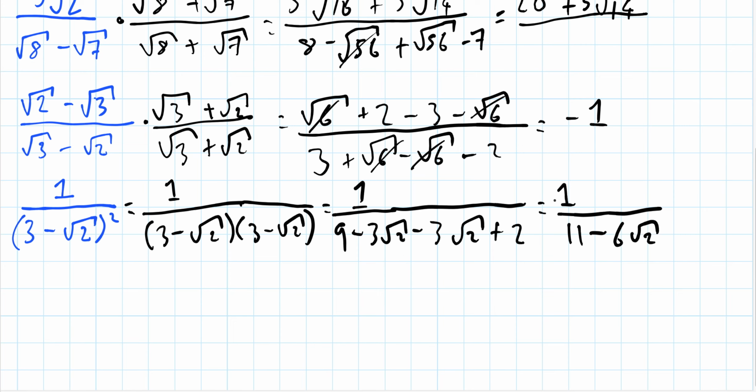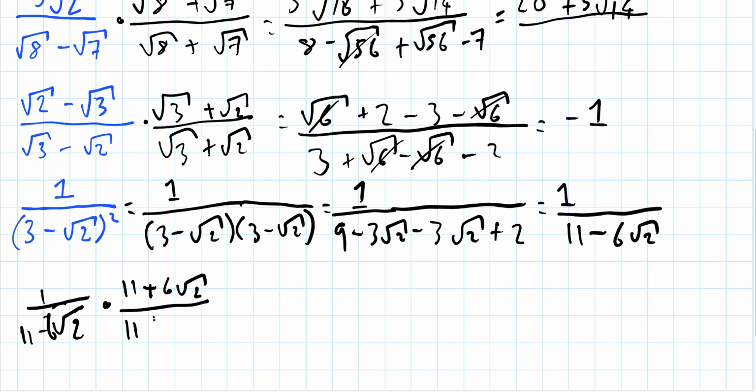And now we do the conjugate of this. So 1 over 11 minus 6 square root 2 times 11 plus 6 square root 2 over 11 plus 6 square root 2.